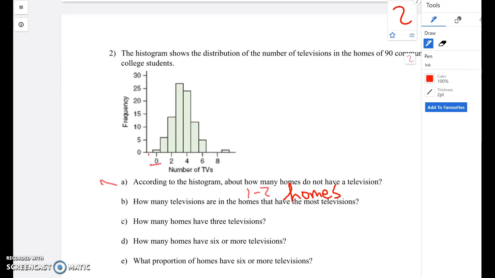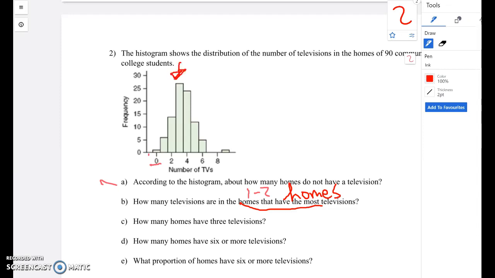So part B, how many televisions are in the homes that have the most televisions? So which of these homes have the most? Well, which one has the highest bar? It seems that this one has the highest bar.